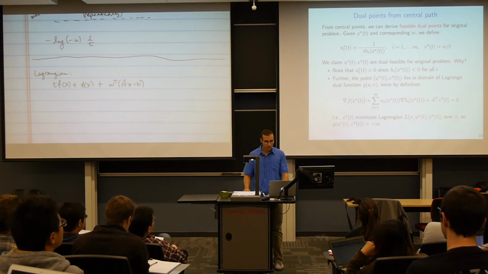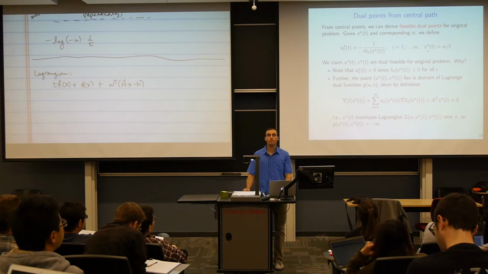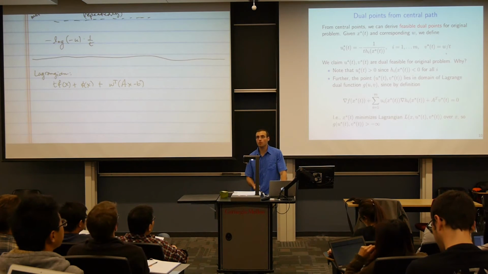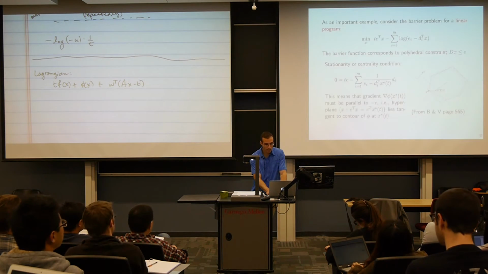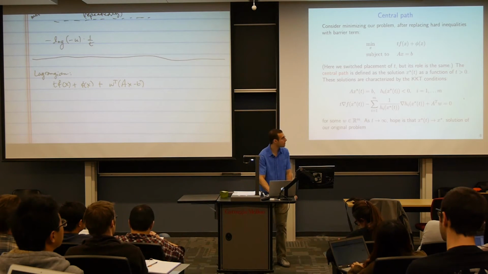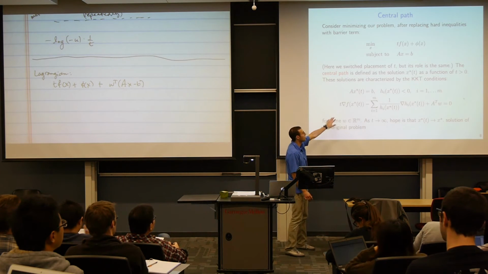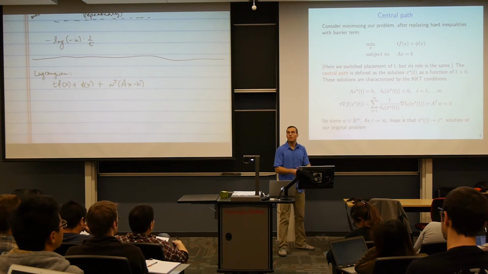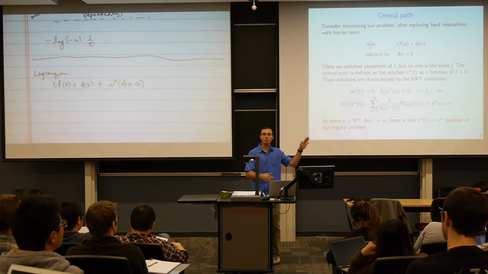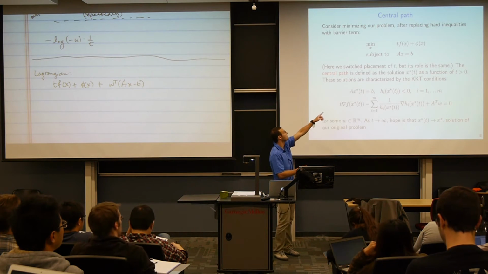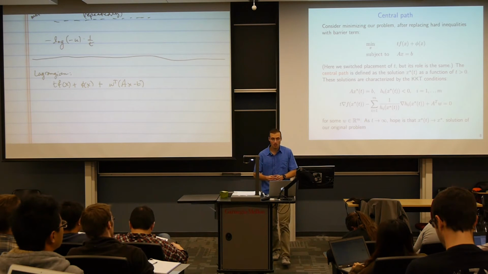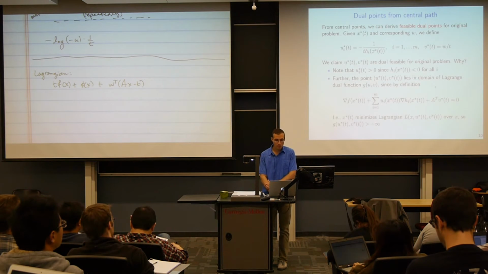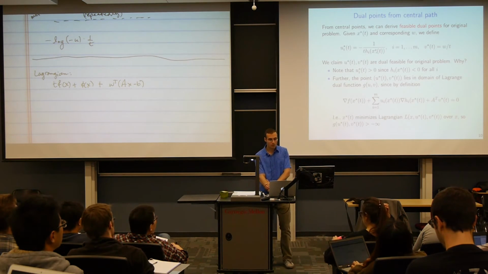And I'm going to define v to be equal to w over t. w was the solution that I had when I solved the KKT conditions for the barrier problem. So I'm just saying that from these KKT conditions, which apply to this barrier problem, we can derive feasible dual points for our original problem, the one that did not replace the indicator by phi. This is how we're going to do it: u is equal to minus 1 over t times h_i, and v is equal to w over t.